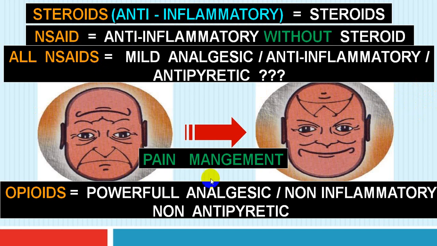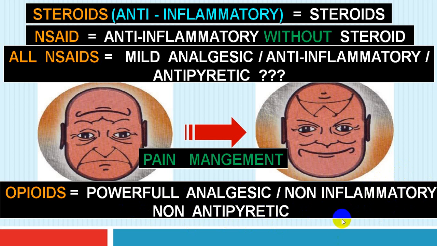While this will reduce your pain irrespective of any etiology, whether it is inflammatory, non-inflammatory, infective, non-infective, but opioid is non-inflammatory, non-antipyretic. So it will not reduce any inflammation, it will not reduce any fever.